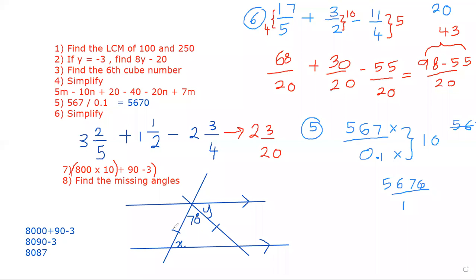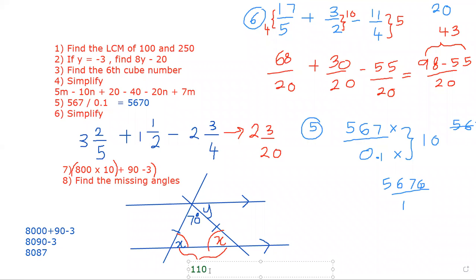So I can see these two sides are same, means if this is x, this also should be x. That's the first step. Now we know it's a triangle. We know interior angles of a triangle add up to 180. Therefore, I have to get 180 minus 70. So that means the addition of these two should be 110.